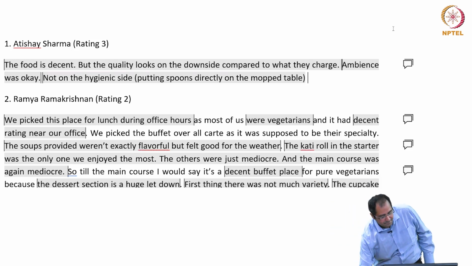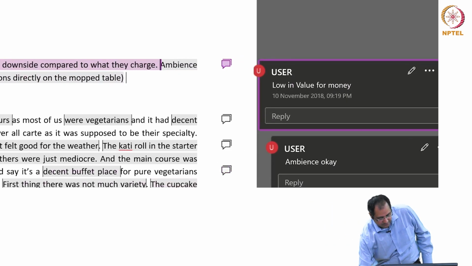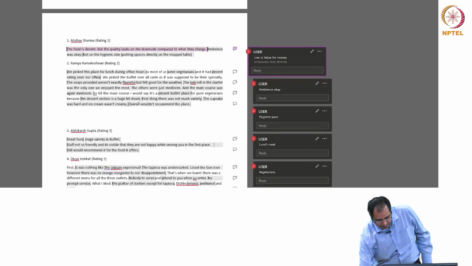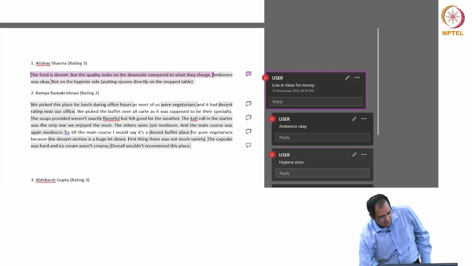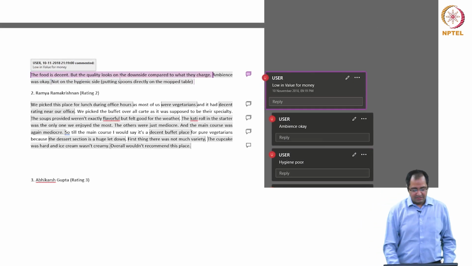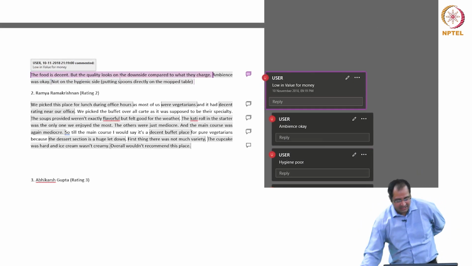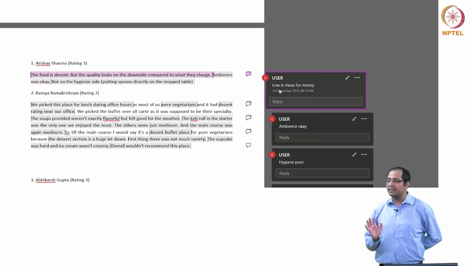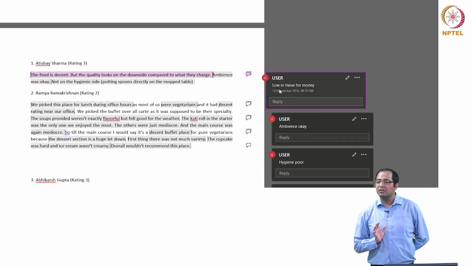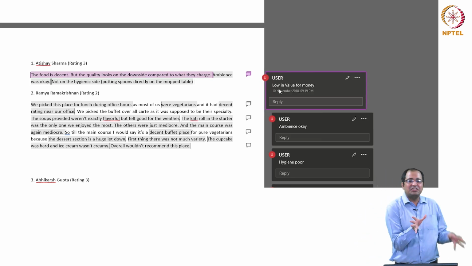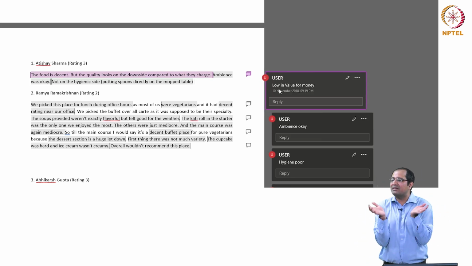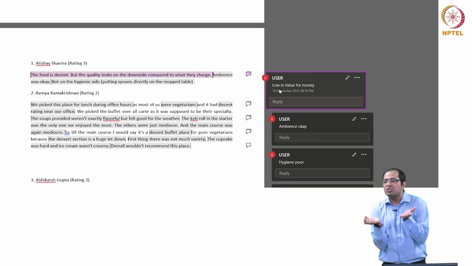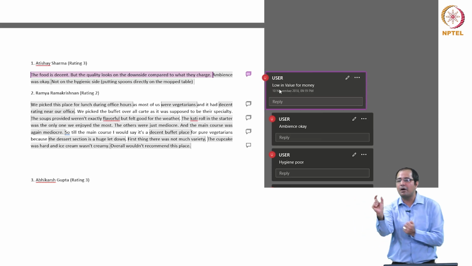For example, for the first user, what is written is, the food is decent but the quality looks on the downside compared to what they charge. So I have written low value for money. For these 2 sentences that were coupled together, you write their brief meaning in the form of an open code.